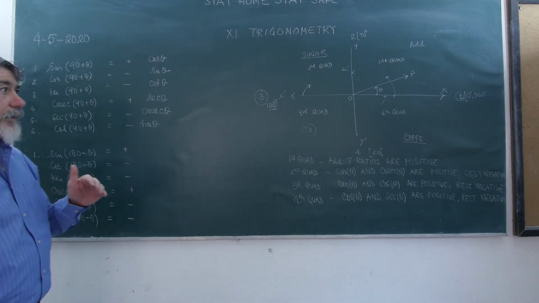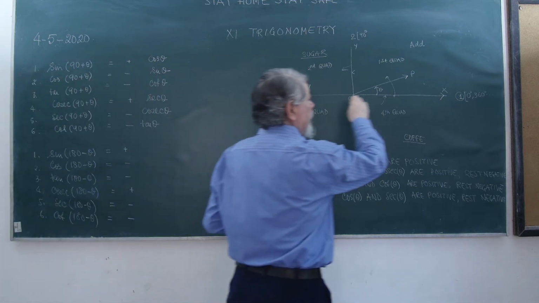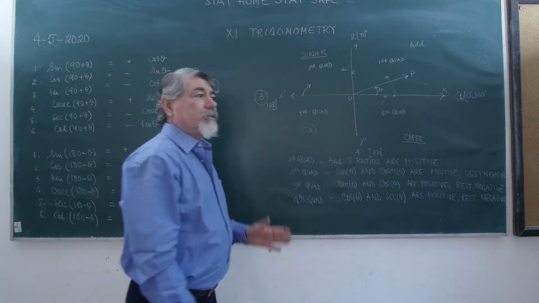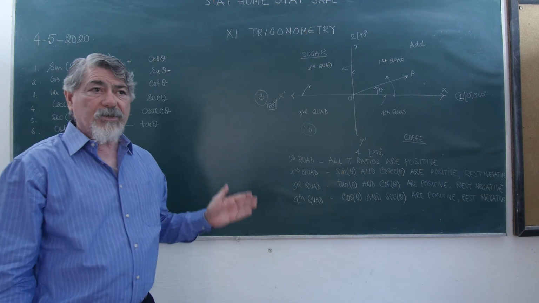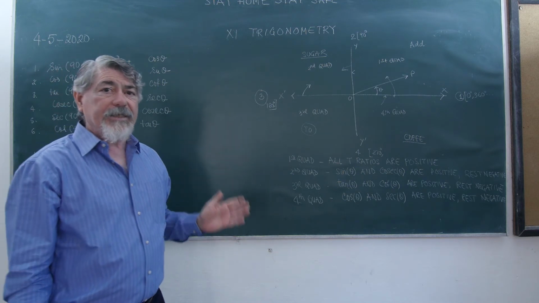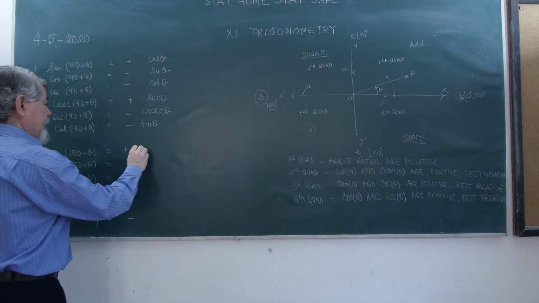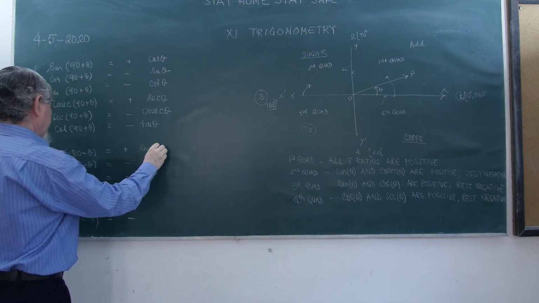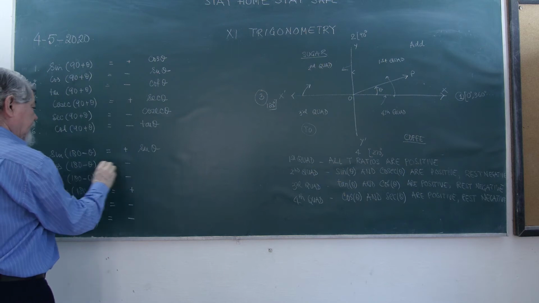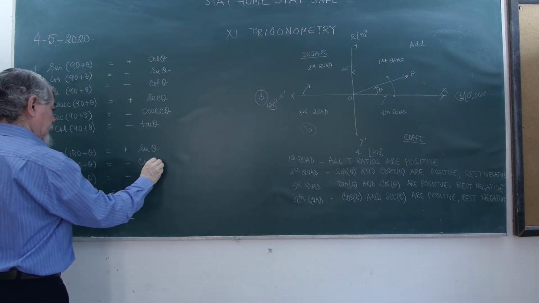And we told you that along this line, the x-axis, sin theta remains sin theta, cos theta remains cos theta, tan theta remains tan theta. So sin(180 minus theta) is plus sin theta. Cos(180 minus theta) is minus cos theta.